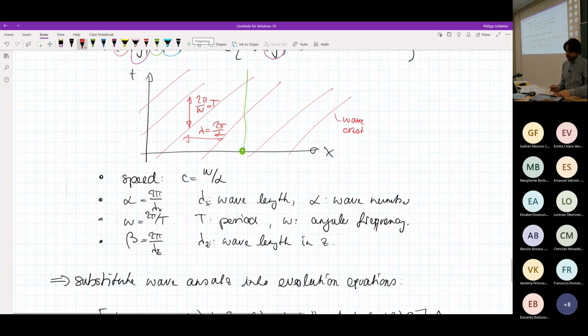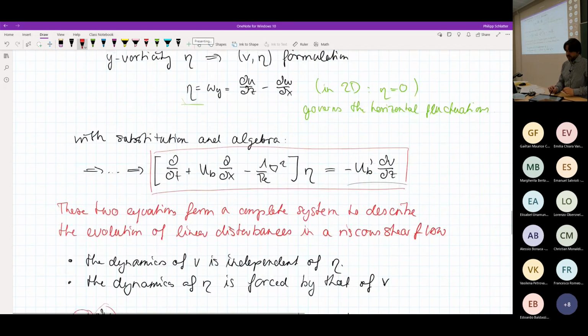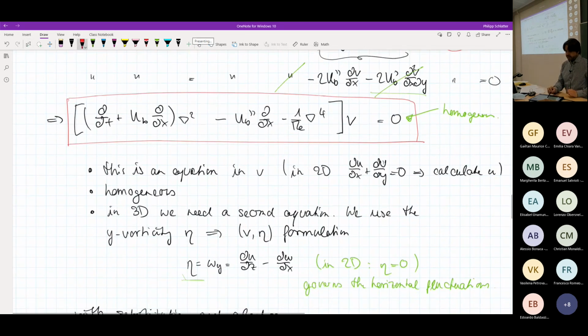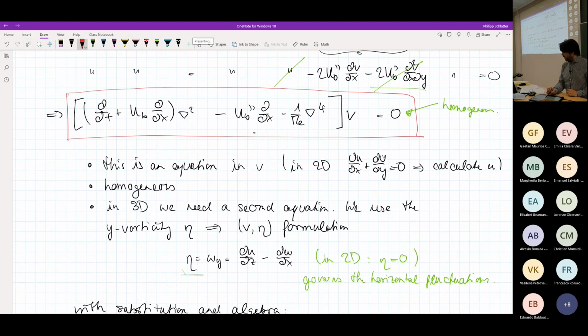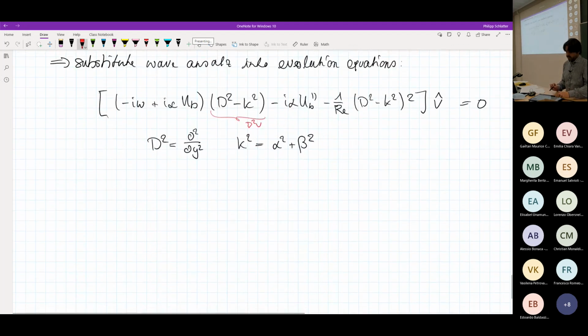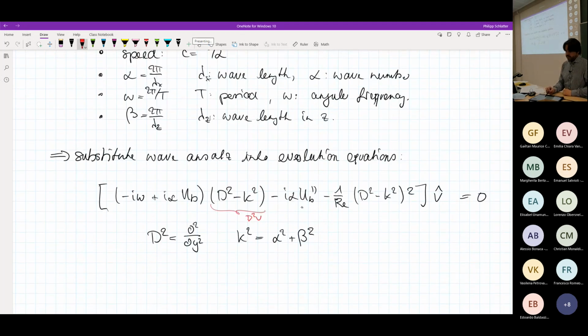And now, of course, we can also look at the other terms. So the next term is minus ub double prime times ddx. Well, that's this one, ub double prime ddx is minus I alpha.